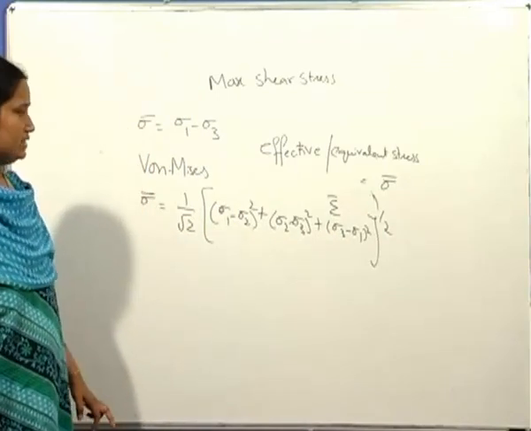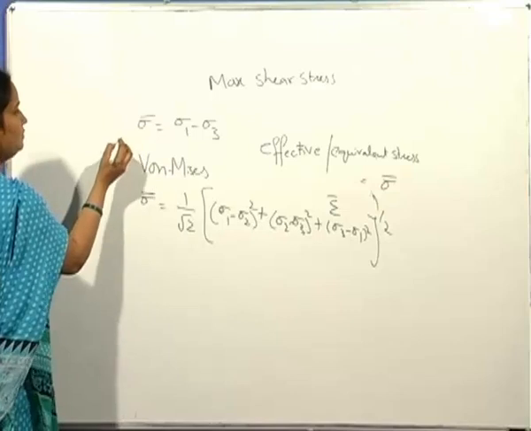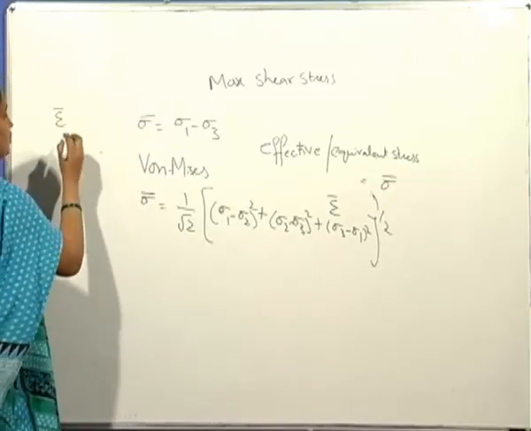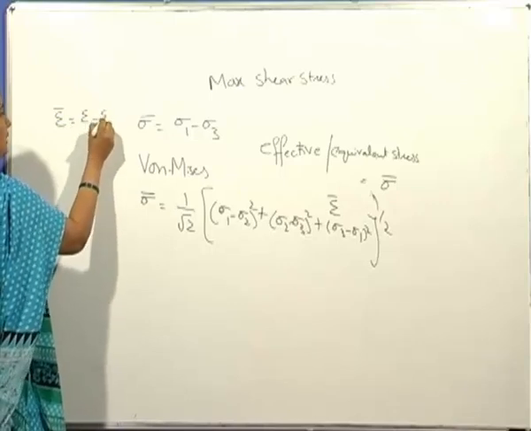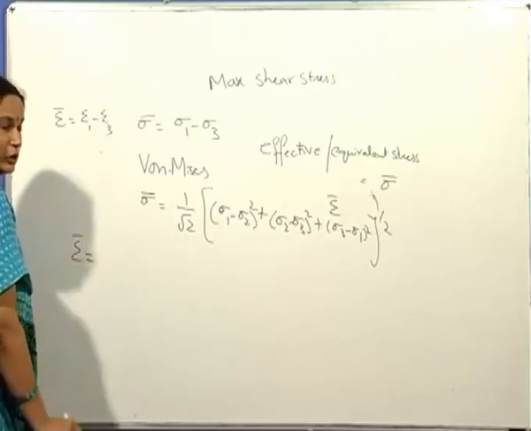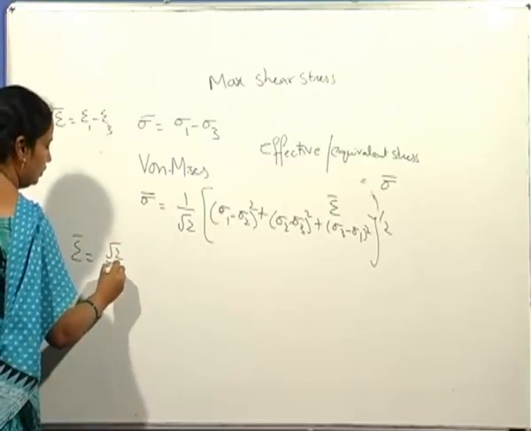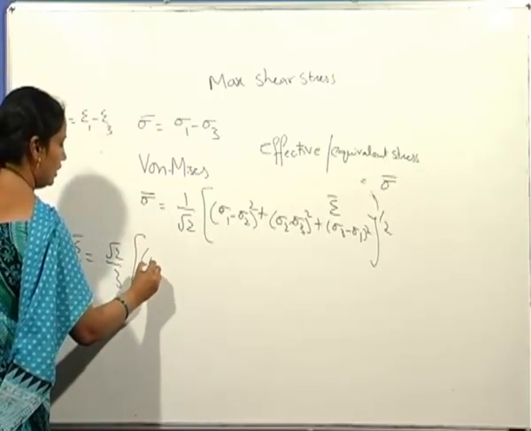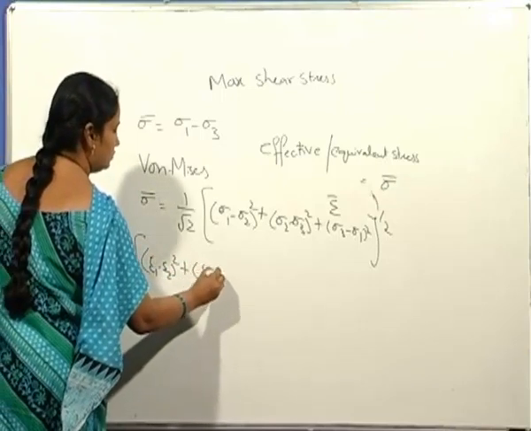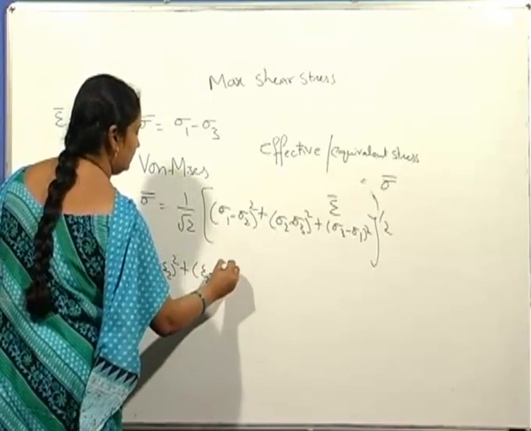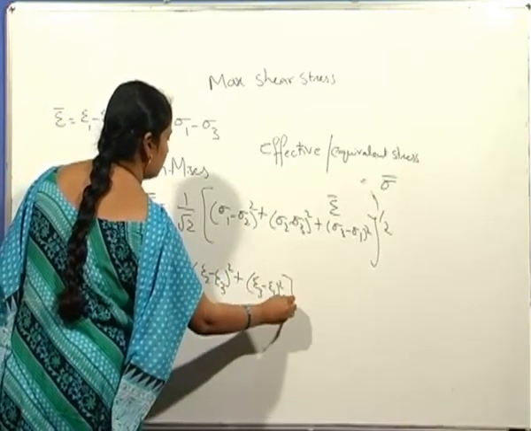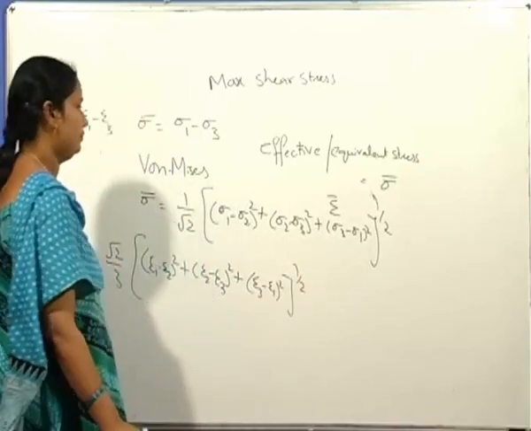For the case of strains, for the maximum shear stress criteria, the equivalent or effective strain is equal to epsilon 1 minus epsilon 3, and for the von Mises criteria, equivalent strain is equal to root 2 by 3 into the square root of (epsilon 1 minus epsilon 2) squared plus (epsilon 2 minus epsilon 3) squared plus (epsilon 3 minus epsilon 1) squared.